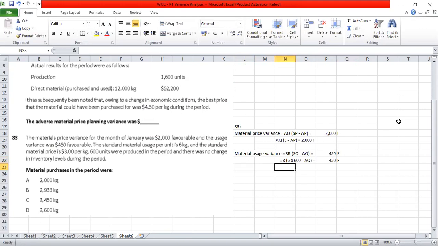So take 3 to the other side. It would be 150. 6 sixes are 36, 3600 kgs, minus the actual quantity, is equal to 150. It is favorable, so the actual quantity is less than the standard quantity by 150.